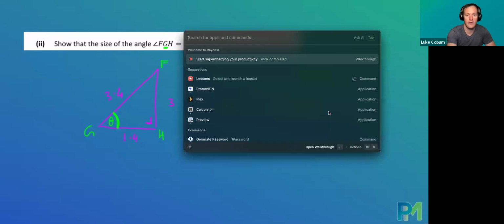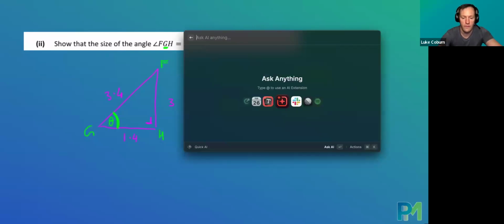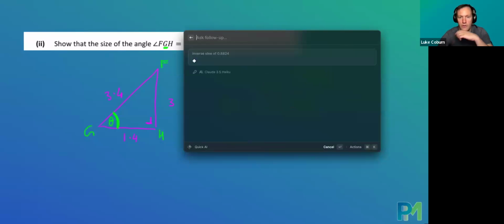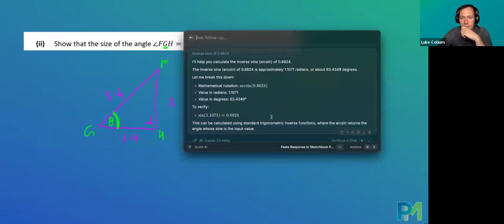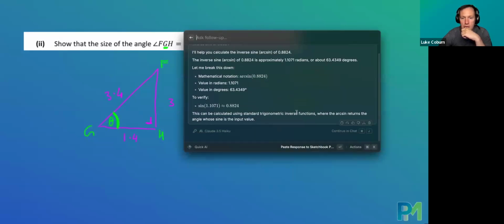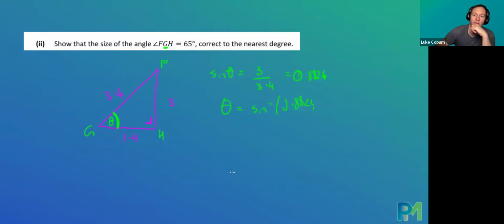What's inverse sine of 0.8824? It's going to be 63.434 degrees. I've obviously made a mistake.